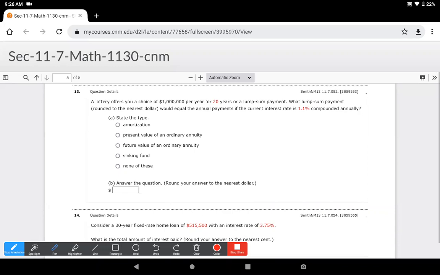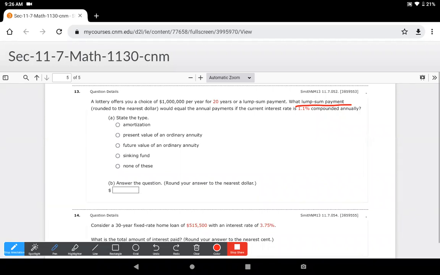Yes, please. For 20 years, or a lump sum payment. What lump sum payment, we saw this word before, rounded to the nearest dollar, would equal the annual payments if the current interest rate is 1.1% compounded annually. So let's get our list of components over here.